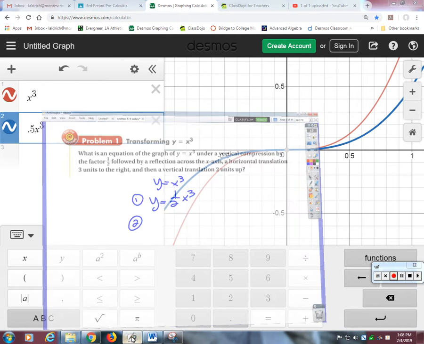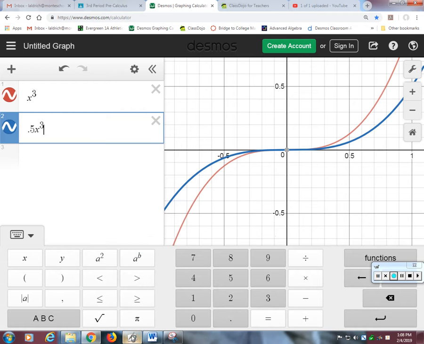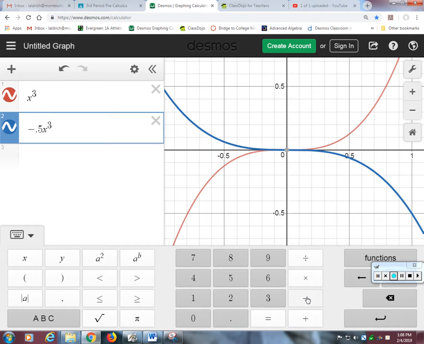Yep, want to flip it over the x-axis. Good. So that means I'm going to change this to y equals negative 1/2 x cubed. And that negative is going to take it and flip it over the x-axis. See how that turns it over like that?